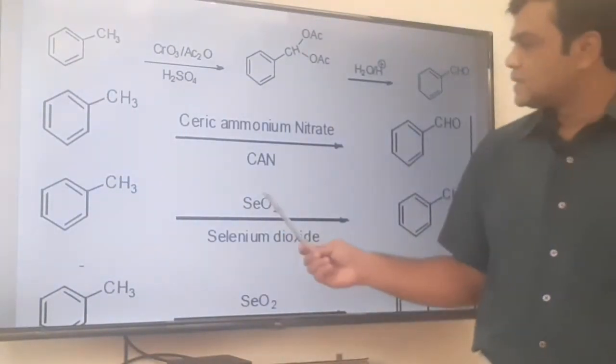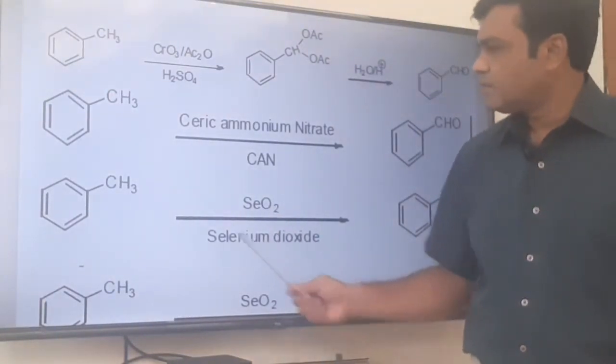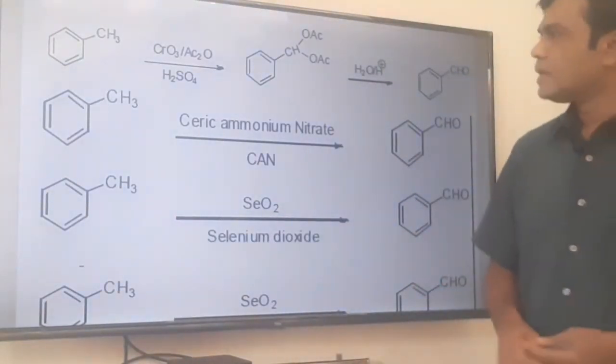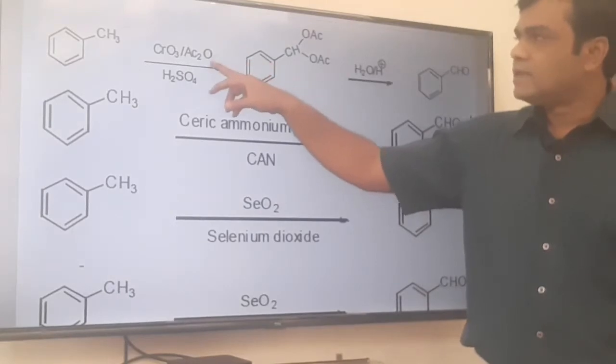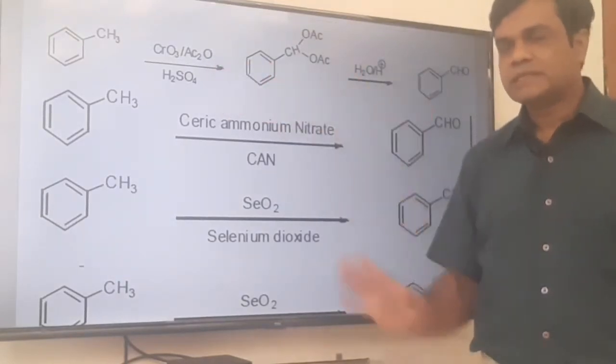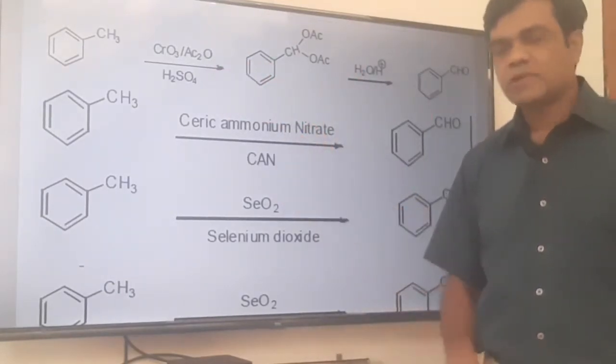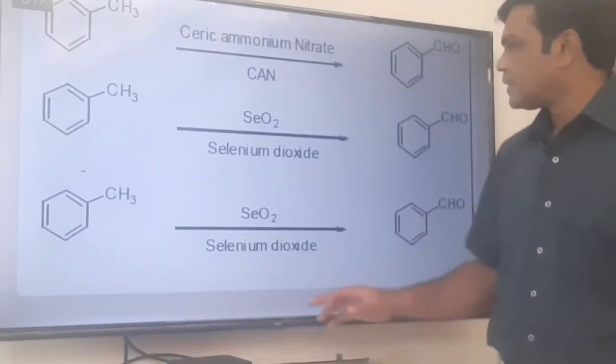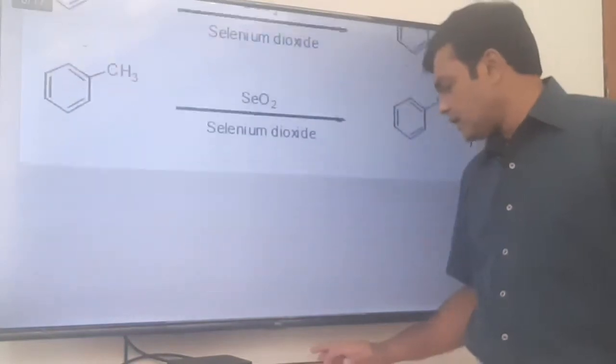The same function is carried out with selenium dioxide also. The benzylic CH3 group is oxidized to aldehyde. So chromyl chloride as well as chromium trioxide with acetic anhydride, ceric ammonium nitrate, and selenium dioxide, all these have the same function, that the methyl group is oxidized to aldehyde group.